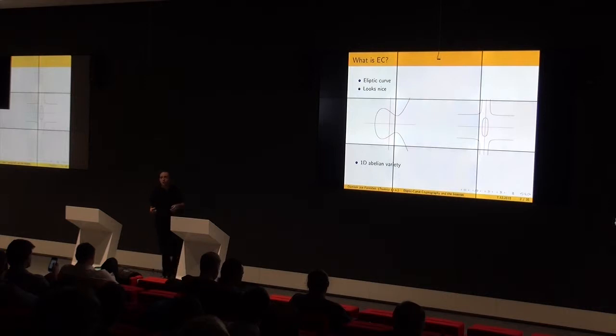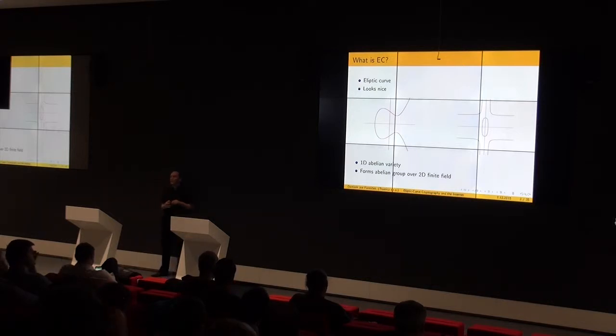So what we do, we project the elliptic curve over a two-dimensional finite field, and what do we get? We get an abelian group, which is basically the same as the variety, but we have constrained the values to some well-known range, and also it has some other properties which we might use later on.